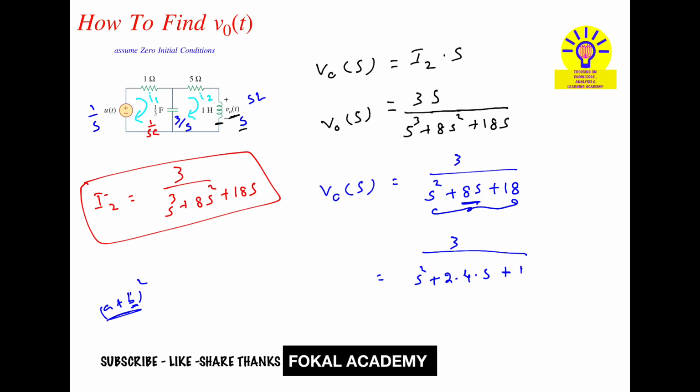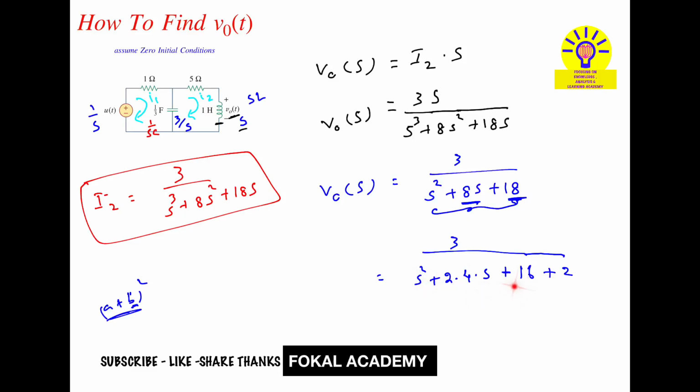So 18 can be written as 16 plus 2. Just I am dividing it, but there is no change. So s square, as this, 8s I am writing as 2ab, 2 into a into b, it is 8s only, no change. If I consider b as 4, here we get 16. So how much remains from the 18? 2 remains.